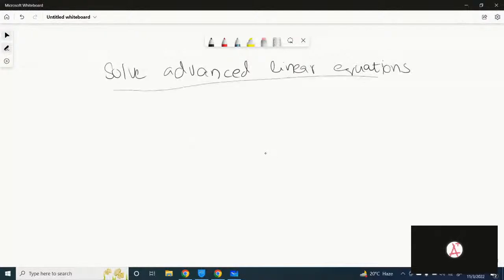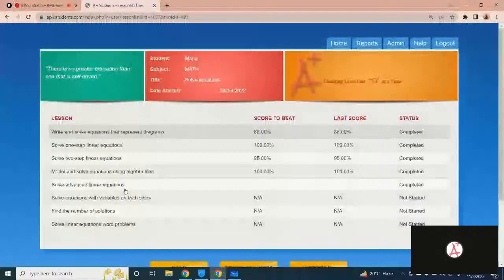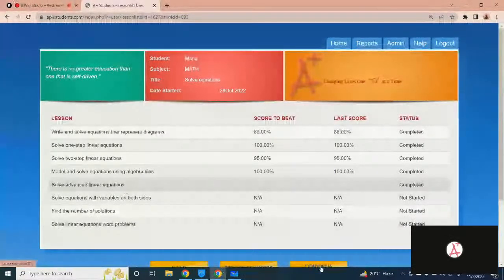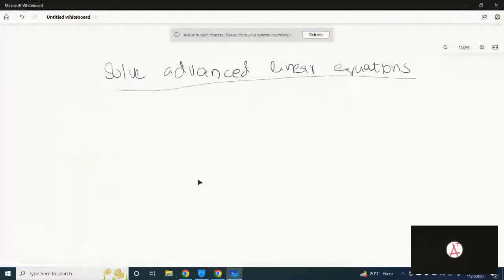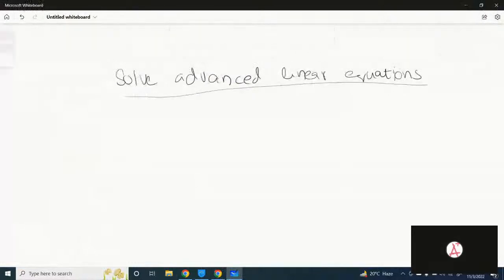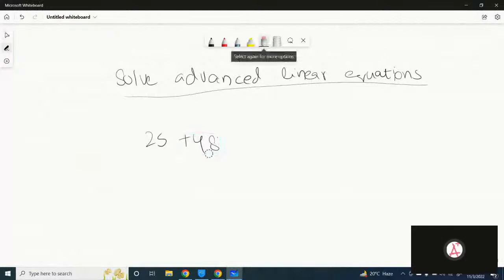Okay, let's start with examples. Solve advanced linear equations. Okay, the first one, 2s plus 4s equals 18.